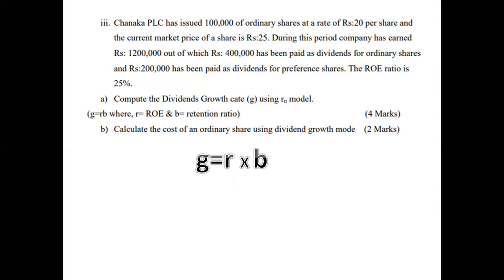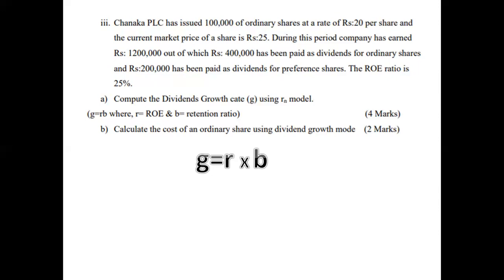Here G equals RB, where R equals ROE and B equals retention ratio. Simply, the retention ratio refers to how much of the earnings we retain without paying as dividends for ordinary shares.